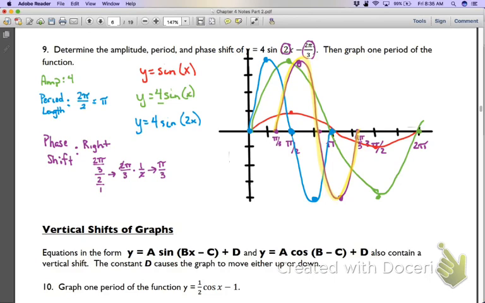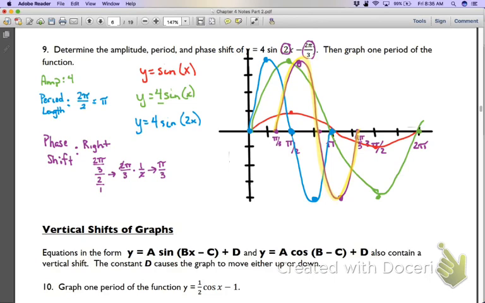Okay, try to highlight it in yellow. But as far as the shift, this one's not real nice and neat just because normally with sine we move in halves and quarters, whereas here we had to go into the thirds. But I think you kind of get the idea.